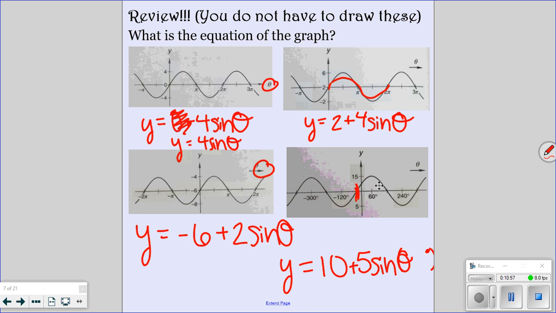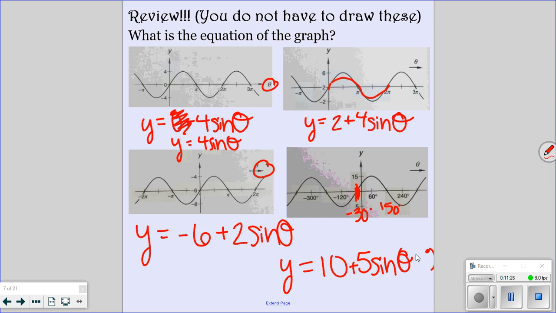The difference between these numbers is 180 every time. And so the difference between this one and this one would be 90 degrees. If I took 60 and added 90, I'd have 150. And if I added 90 again, I get to 240. If I subtract 90 from 60, I'm going to get negative 30 degrees. And if I subtract another 90, I get to negative 120. So this angle here is negative 30 degrees.